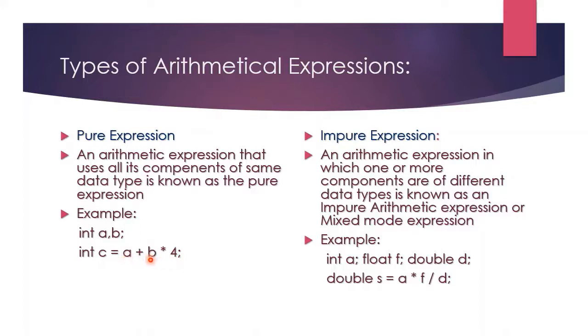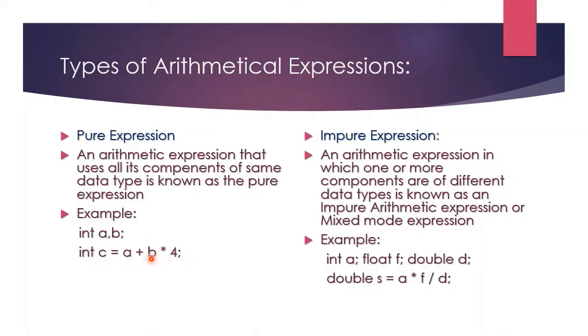Here this is an arithmetical expression. In this expression, if we have the components of the same data type, components meaning here we have two variables, if these two variables are of the same data type, then this is called a pure arithmetical expression. int c = a + b * 4.